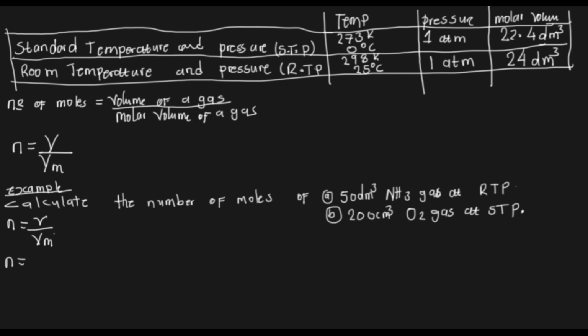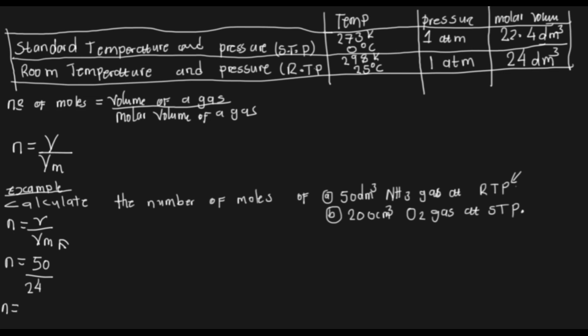The volume is 50. So we have 50 cubic decimeters divided by. Now for the molar volume, we are going to look at the condition. So the condition is RTP. So if you have the condition of RTP, the molar volume to use is 24. So we divide by 24.